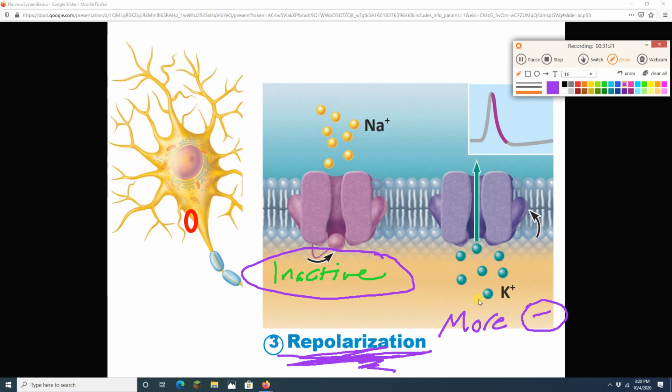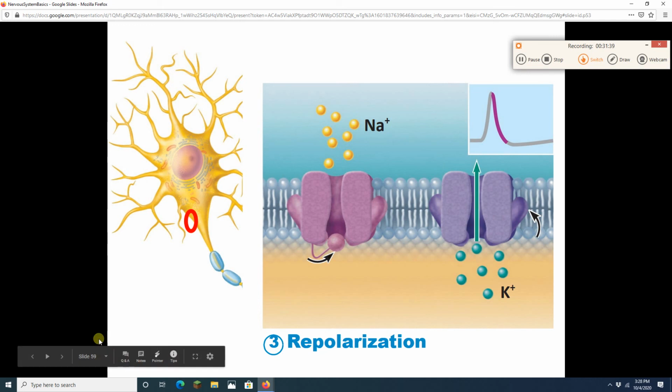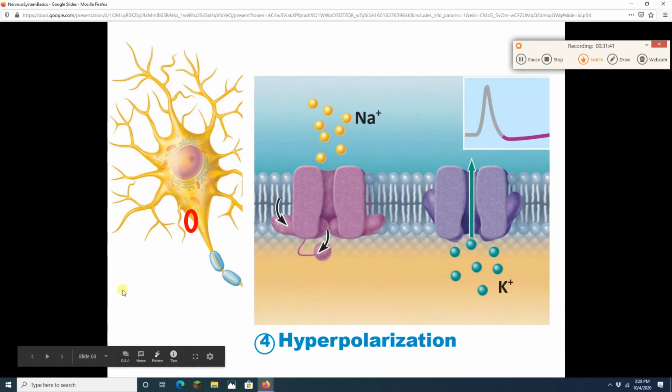Then a moment later, potassium rushes out, we get repolarization. Beautiful. It all hinges on the fact that the potassium channels were slow to open. And think about something for a moment here. If the potassium channels are slow to open, then what else might they be slow to do? They might be slow to close.